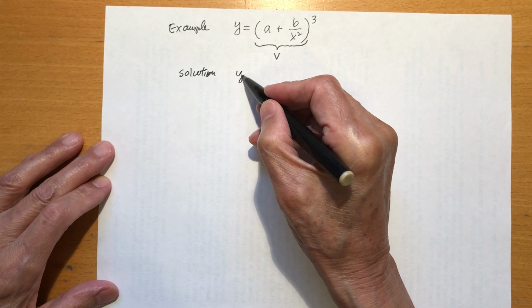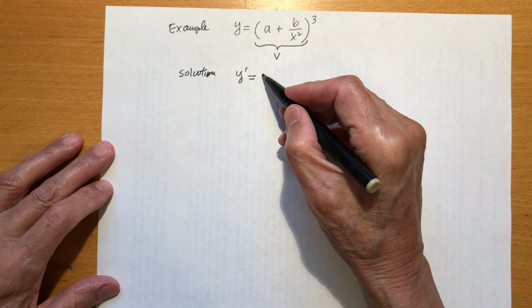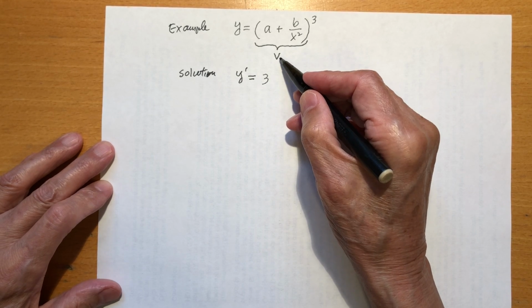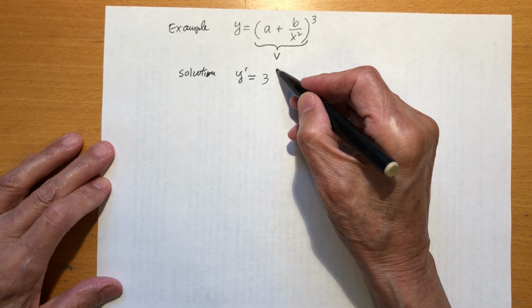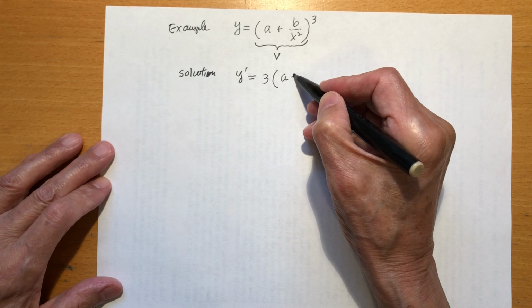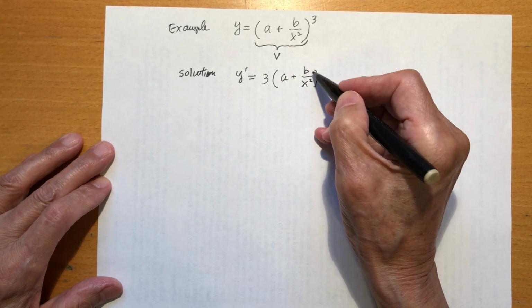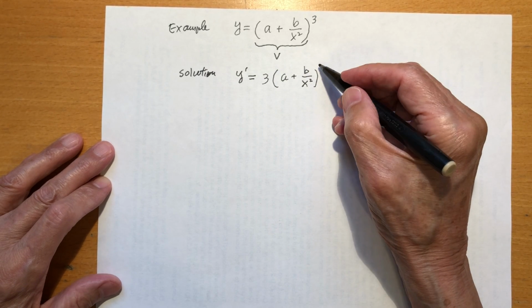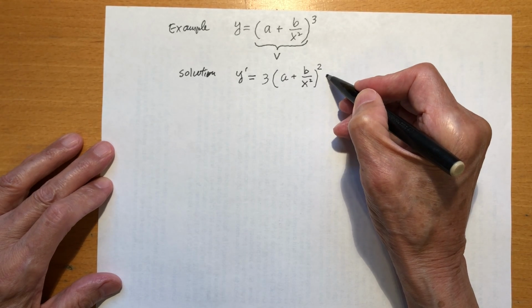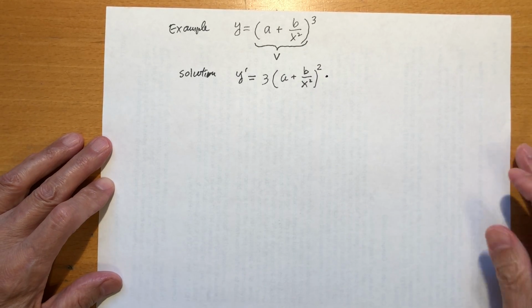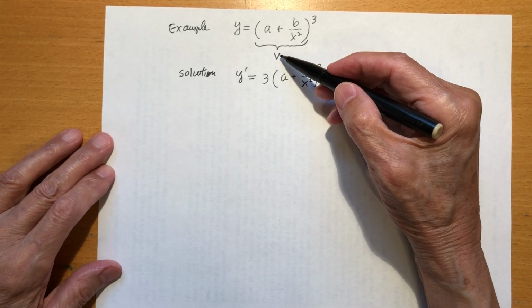So y prime is power rule first. 3 goes to the front, and v goes to the exponent 3 minus 1, so that is v to the exponent 2. But my v is a plus b over x squared. This is my v, and the exponent is reduced by 1. So 3 minus 1 is 2. That's not all. My general power rule is this. I need to do the derivative of v.